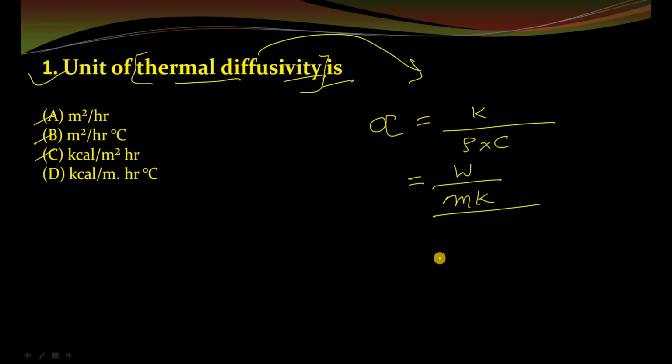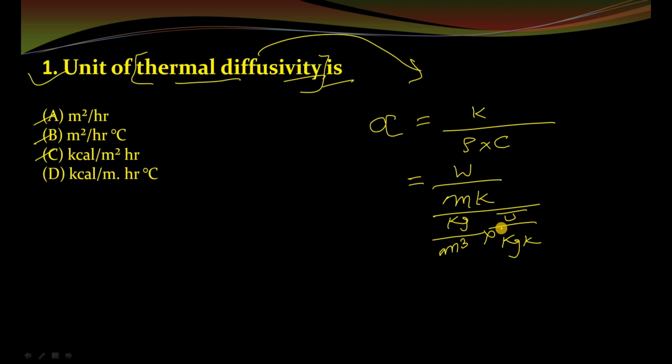Now the unit of density is kilogram per cubic meter, and the unit of heat capacity is joule per kilogram Kelvin. We can simply write it. Here we can also write kilojoule, but I am writing joule per kilogram Kelvin.